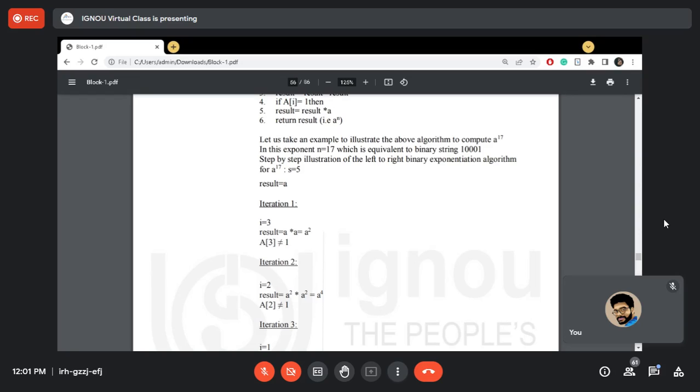So we have to calculate the exponent value as a binary string. Whenever we write 17, we have to write 10001. This is the binary number for 17.